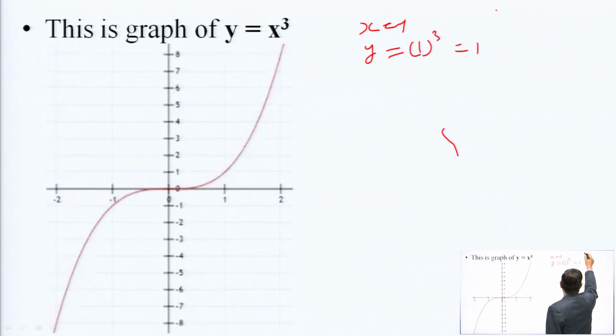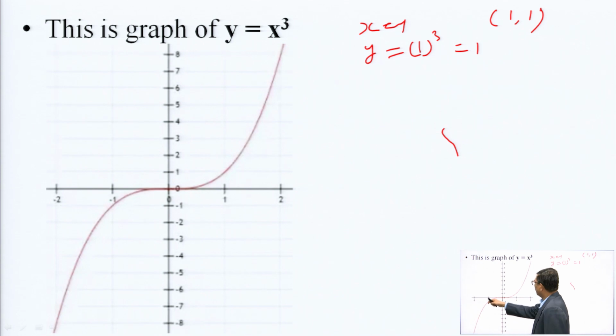So, the first coordinate is 1, 1. When this is the x axis and this is the y axis, we get the point 1, 1.